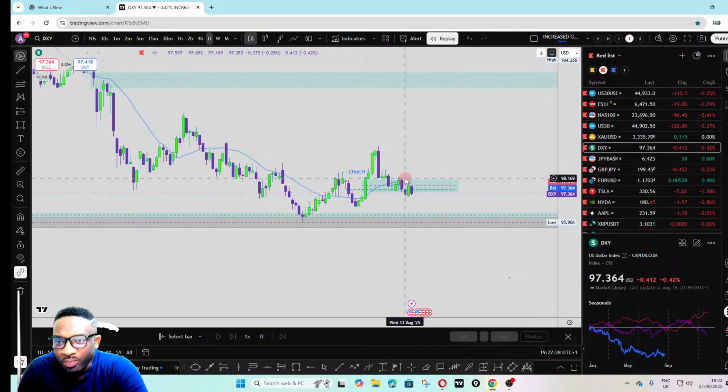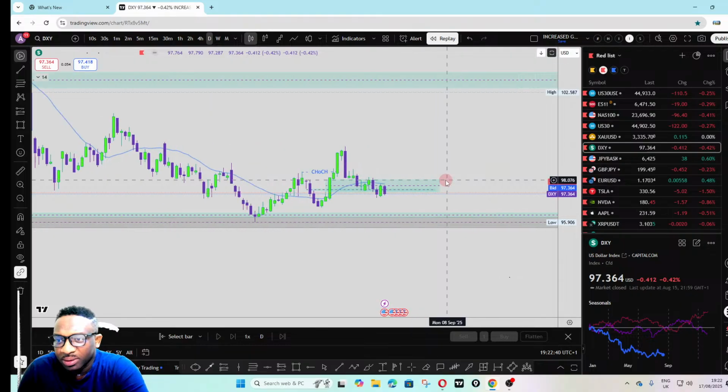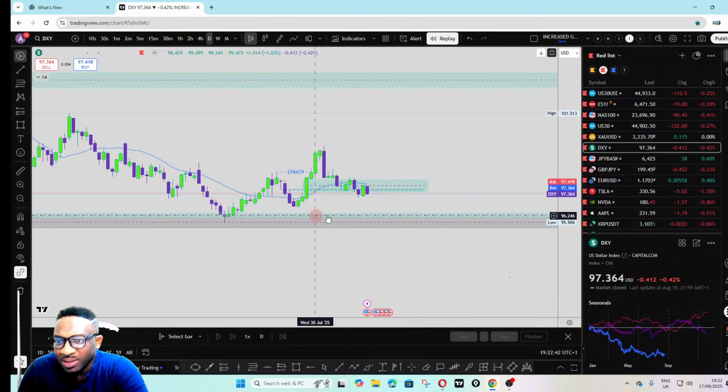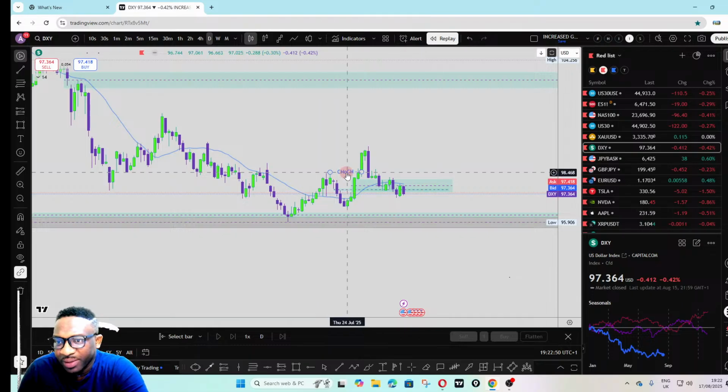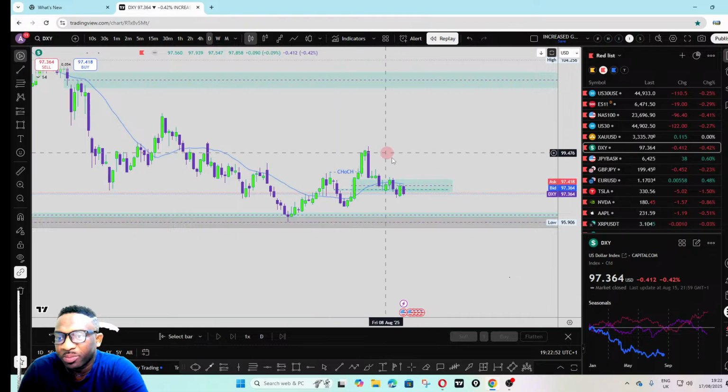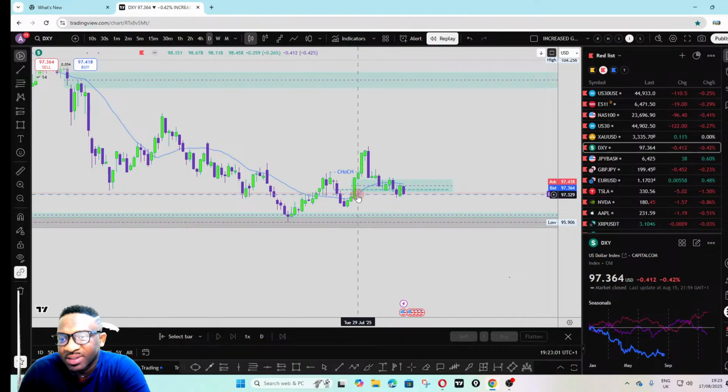So we could be expecting price to turn away from here, because we can see that there's a change of character here. If there's a change of character, we expect price to come back to the origin to fill up or balance any imbalances left there earlier on.